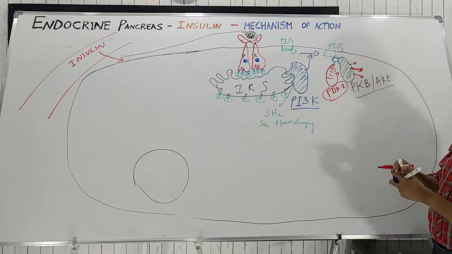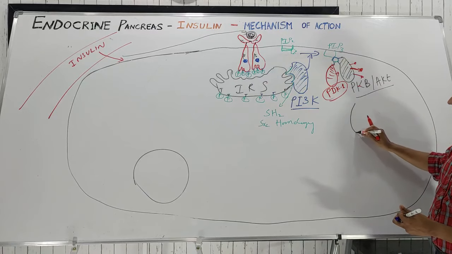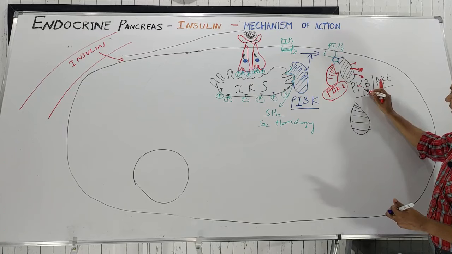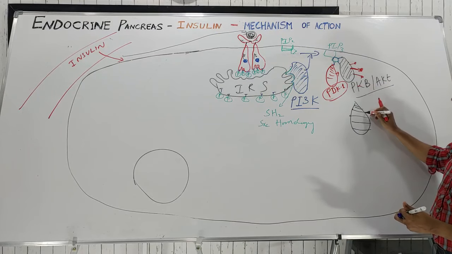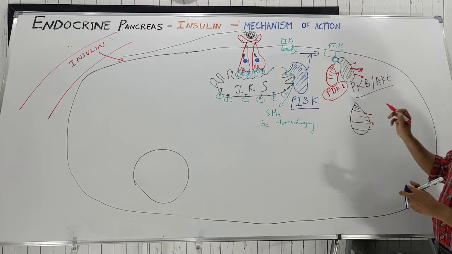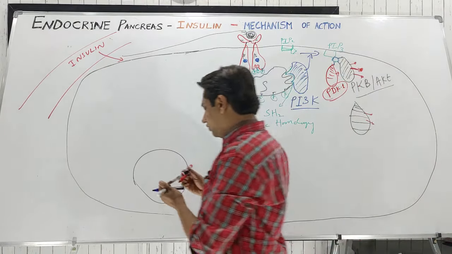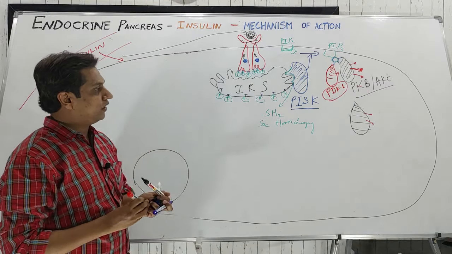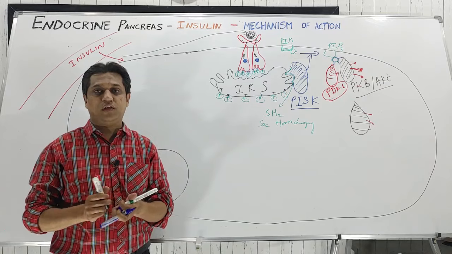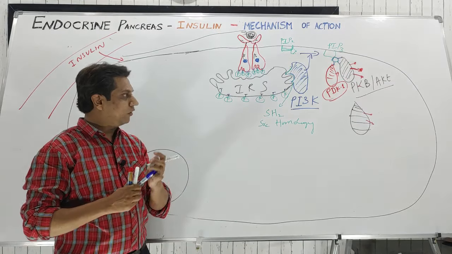Once this PKB molecule gets activated, it is the main protein, which gets phosphorylated or activated. Now this molecule causes changes within this cell, that is, it will help in the reduction of glucose from the blood, and how exactly it will do that, I am going to discuss now.